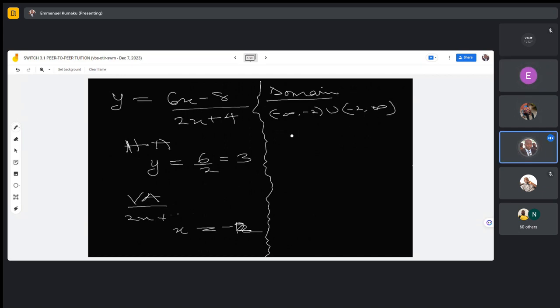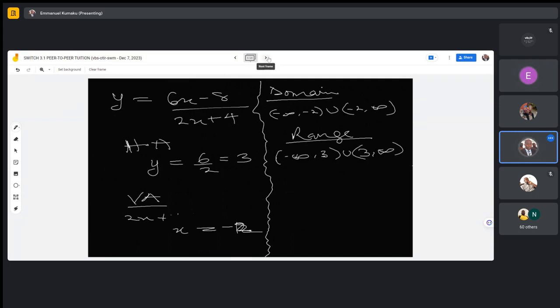That's the domain. Our range will be all values except the horizontal asymptote. Negative infinity up to 3, union 3 up to infinity. So that's the range.